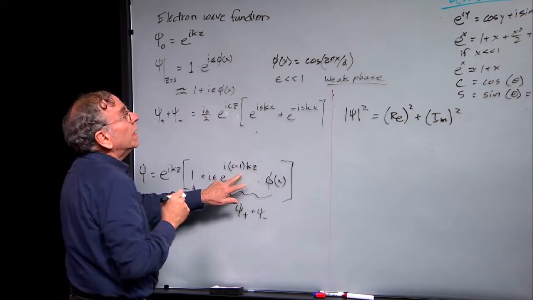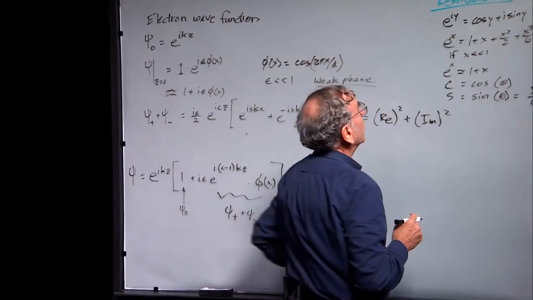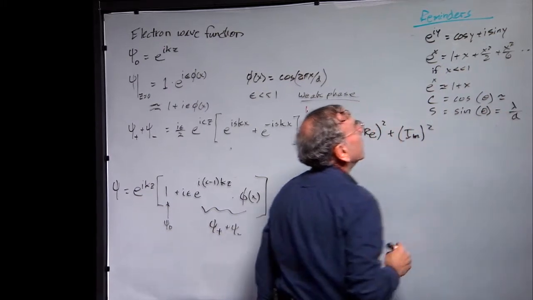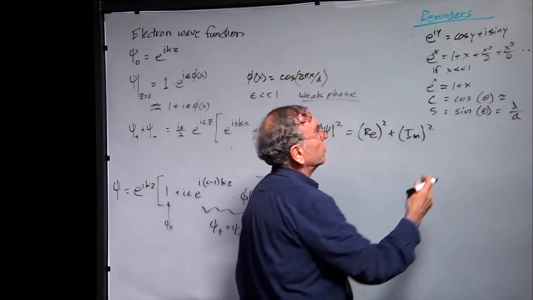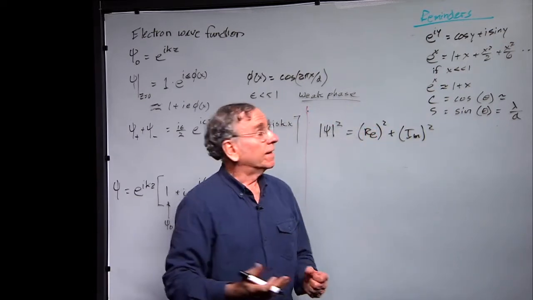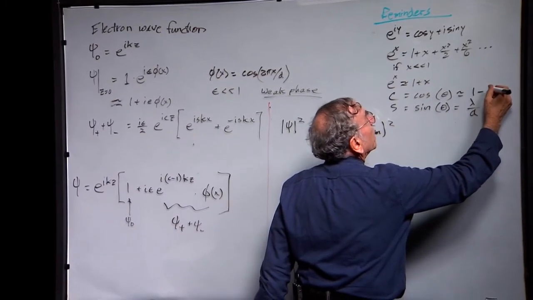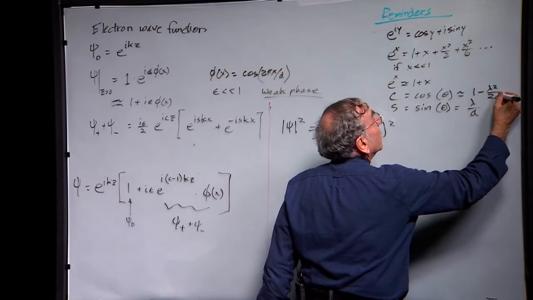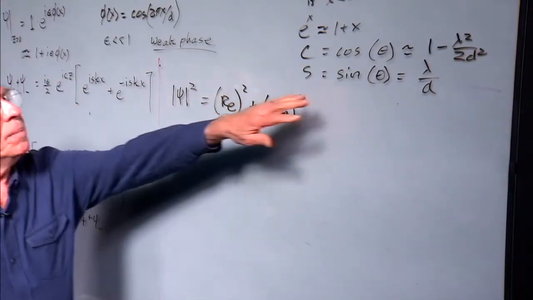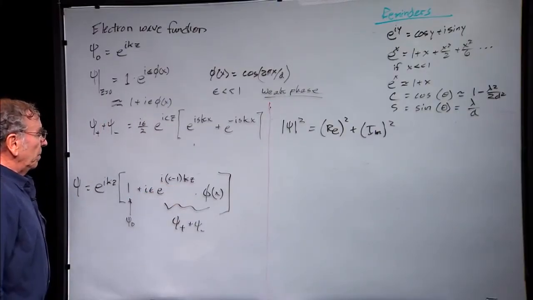The other thing to notice is, remember, c is equal to cosine of theta, and we can use the Taylor expansion of the cosine function to say that if theta is small, and theta is indeed very small in this case, this is approximately equal to 1 minus lambda squared over 2d squared. This is going to be useful because over here we have a c minus 1 term multiplying k.